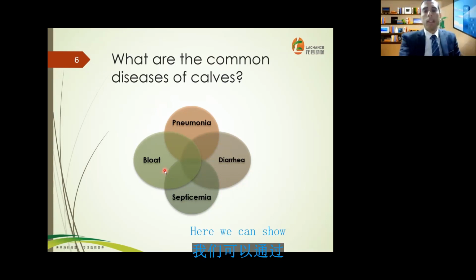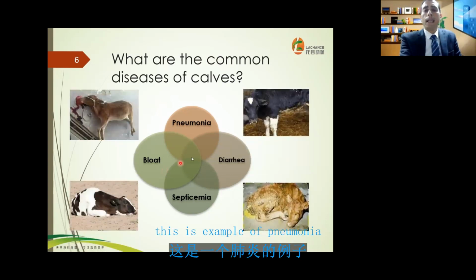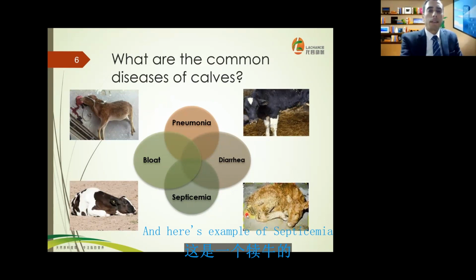Here in these photos we can show an example. This is an example of pneumonia, and this is for diarrhea, and you can see the fecal score is too watery. Here is an example of septicemia in a young calf, and in the last photo is an example of bloat in a young calf.